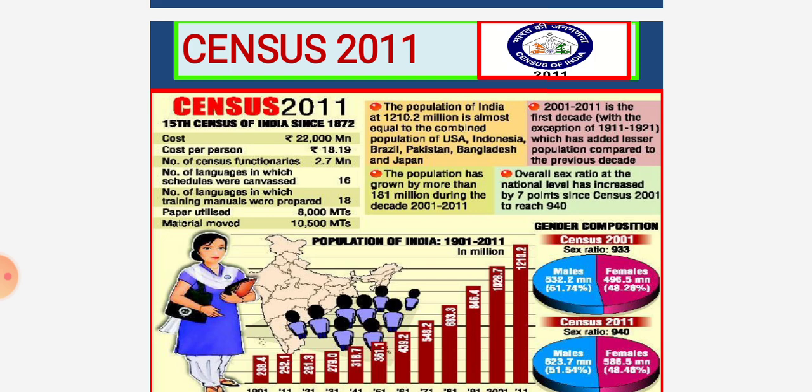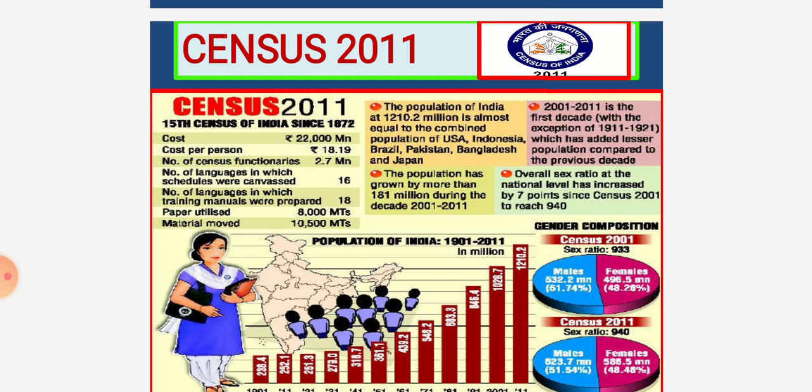Now what is census? Census means to count and analyze the facts and figures regarding the population of a country. So dear students, in India, we have a census after every 10 years.